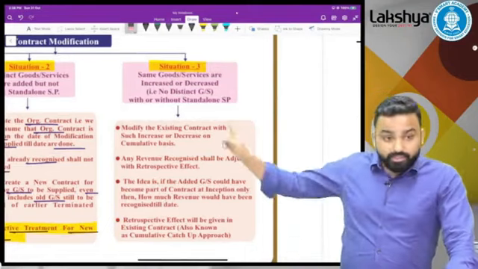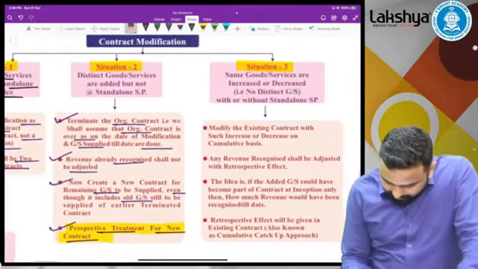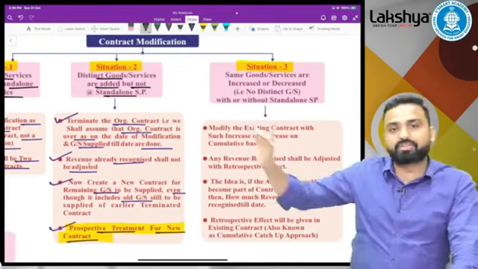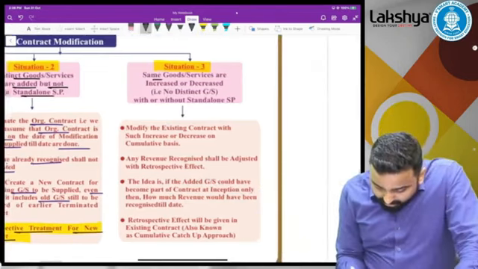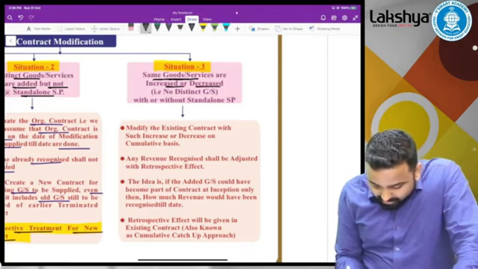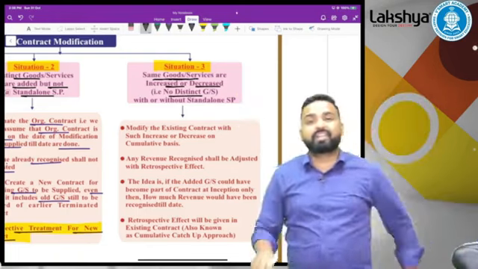All right. Situation number 3. Distinct goods are added, not at standalone selling price was situation number 2. Now, same goods are added, increased or decreased, no distinct goods and services. The goods and services are not distinct.